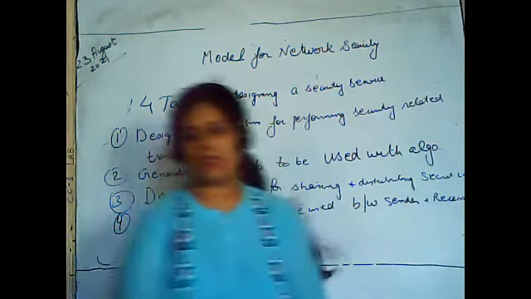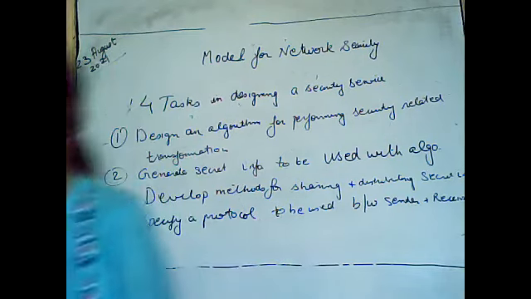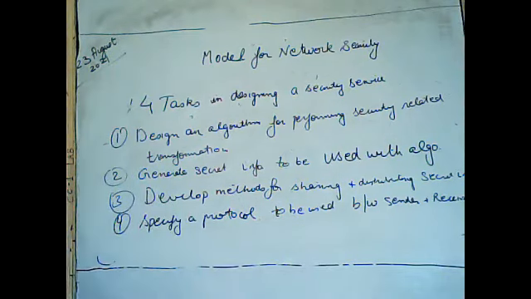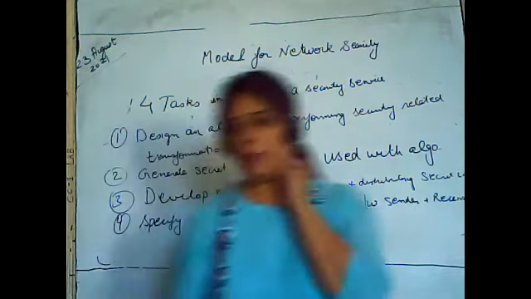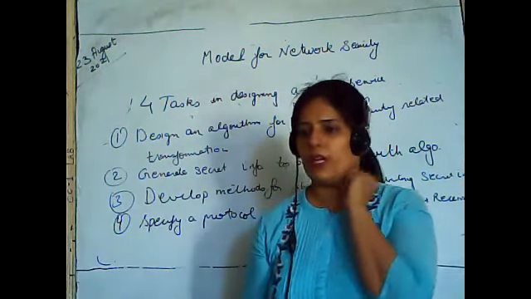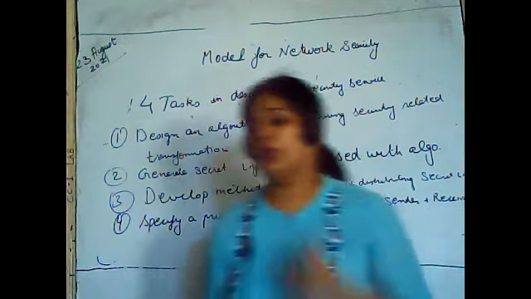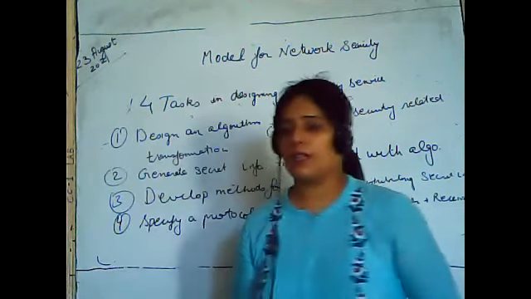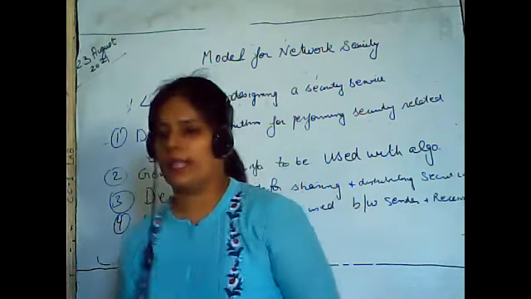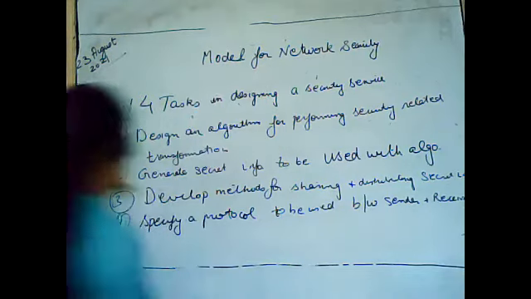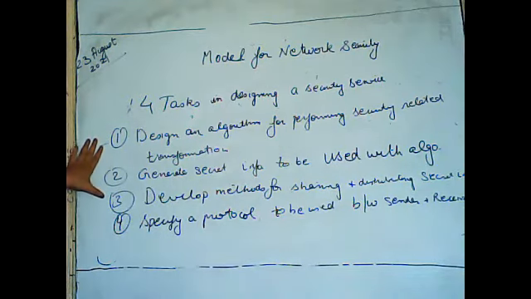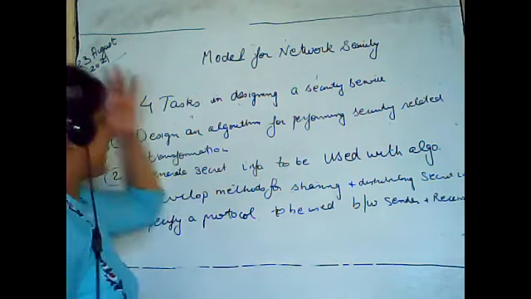Okay, so this type of question is quite important: if you need to develop some security model for a particular system that is available in the network, what are the basic tasks that you must undergo before the design? These are the basic four tasks that we require in order to design a particular security service. First, designing an algorithm for performing security related transformation.